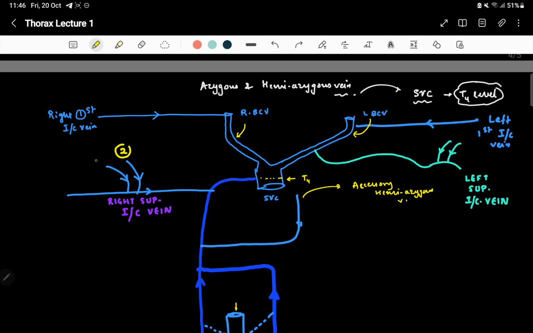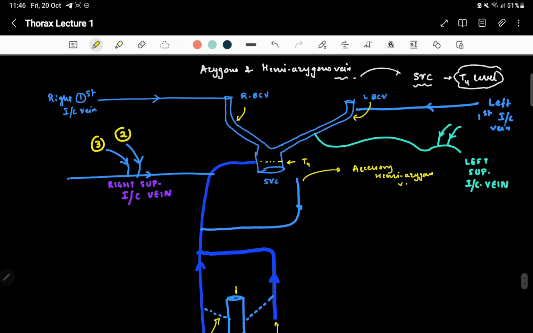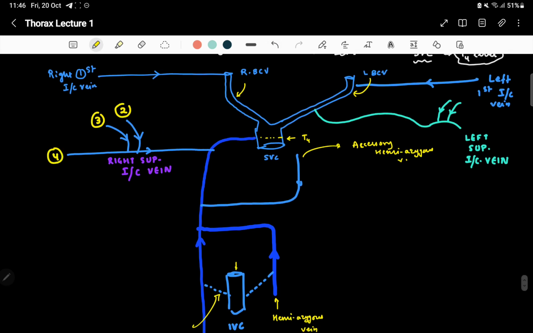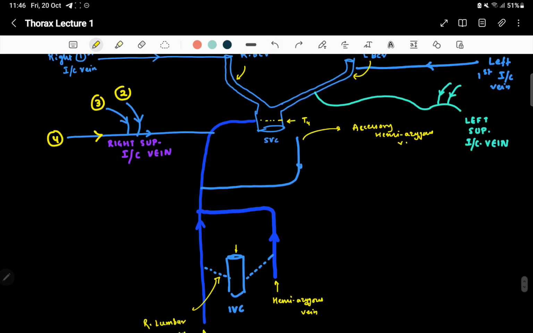The third intercostal vein drains into your right superior intercostal vein, which drains into your azygous and finally into the superior vena cava. And the fourth drains into your right superior intercostal vein, which in turn drains into azygous and superior vena cava. Same course.